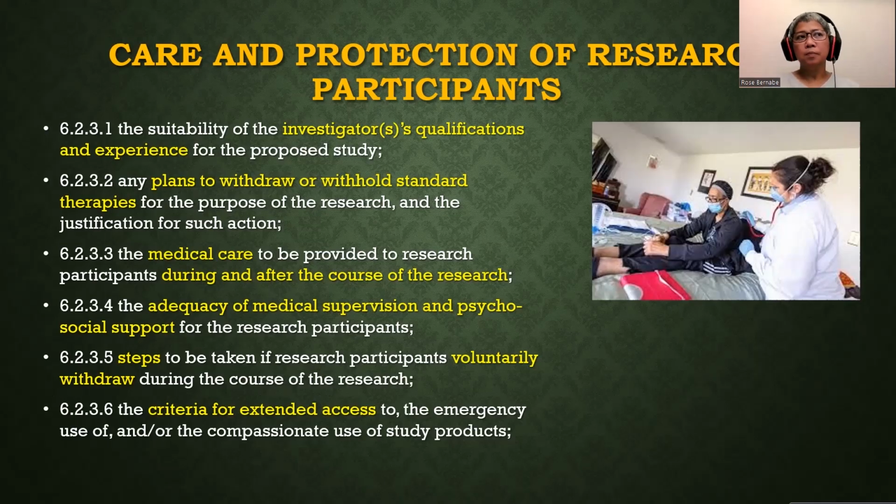So some trials will be able to provide only access to knowledge because it was exploratory and there was no product yet. But then, depending on the stage of the trial, there might also be the responsibility to provide access to a therapeutic product once it's proven safe and effective.